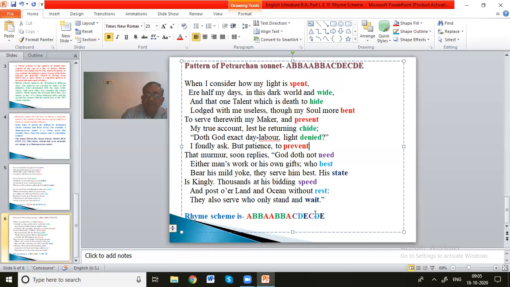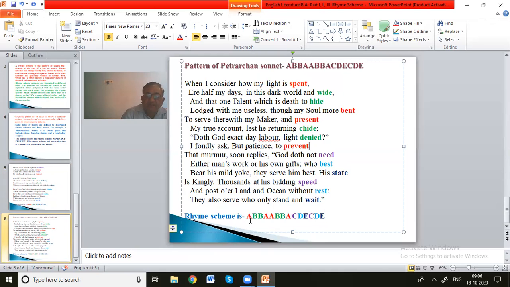Need matches, so we have used C. And post o'er land and ocean without rest. Rest matches best, so it is designated D. They also serve who only stand and wait. State and wait match, so I have used E. So the rhyme scheme is A B B A A B B A C D E C D E.